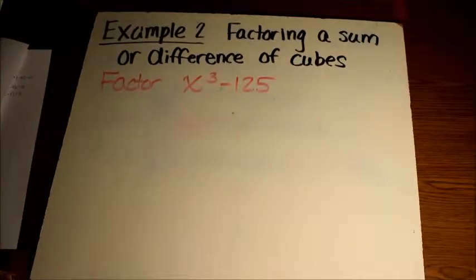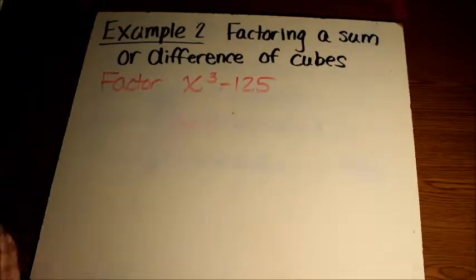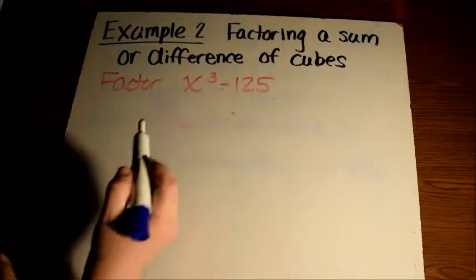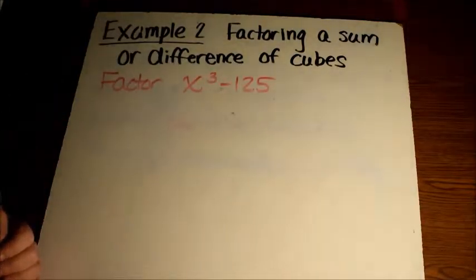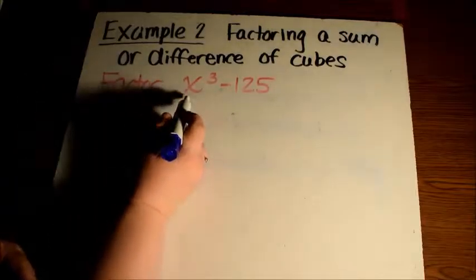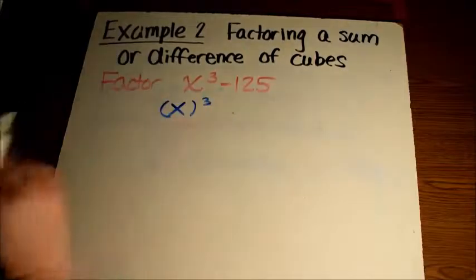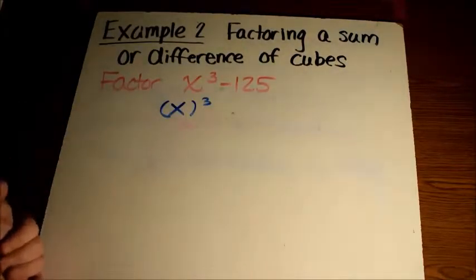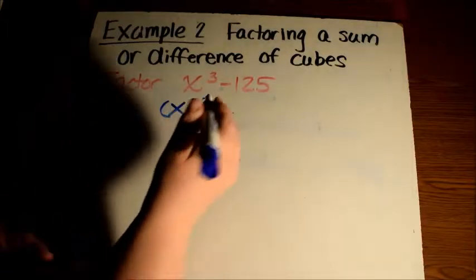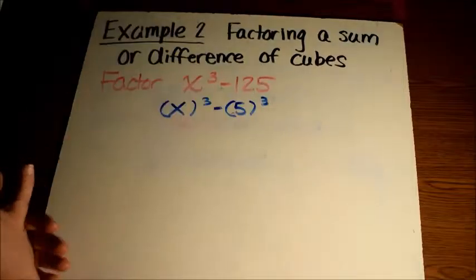All right, let's look at example number 2. We're going to factor a sum or a difference of cubes. All right, so factoring these, look at this. Let's split this up into our a and our b. Well, x cubed is really x cubed. And 125, the cube root of that, this is really 5 cubed.